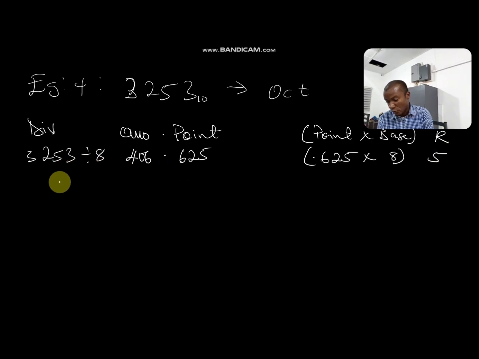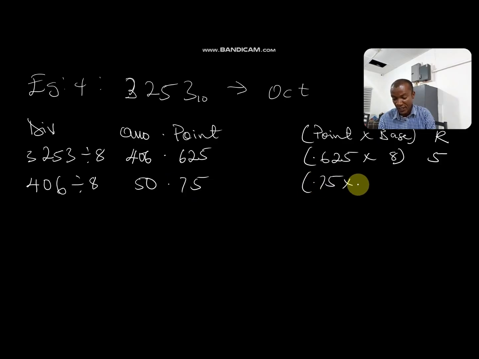Then I'll bring my quotient here, 406 divided by 8. So 406 divided by 8, I'll get 50.75. To get the remainder, 0.75 times the base, which is 8.